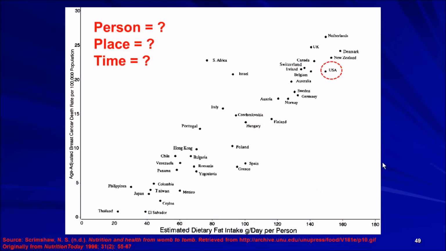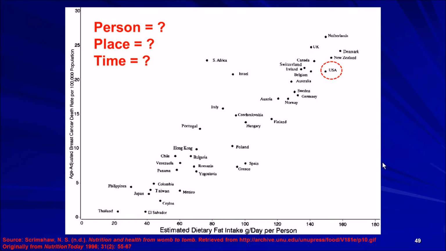Now, I'd like to show you this particular graphic. I've always found it fascinating, and you can take a moment and look and see what we're looking at.